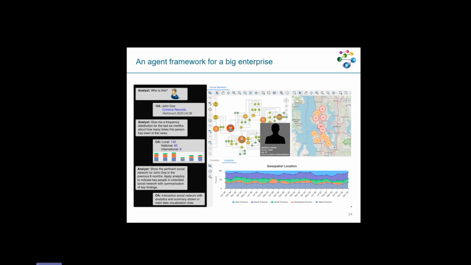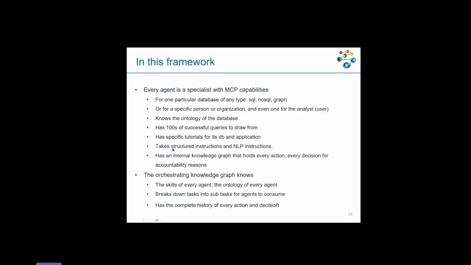And so now we have a new system that is entirely agentic, where every agent is a specialist with MCP capabilities. So an agent is specialized for a particular database, whether it's SQL, NoSQL, or graph, or it is specialized for a particular person or an organization that you might be interested in.